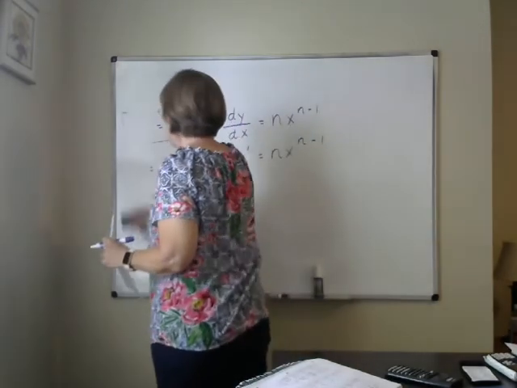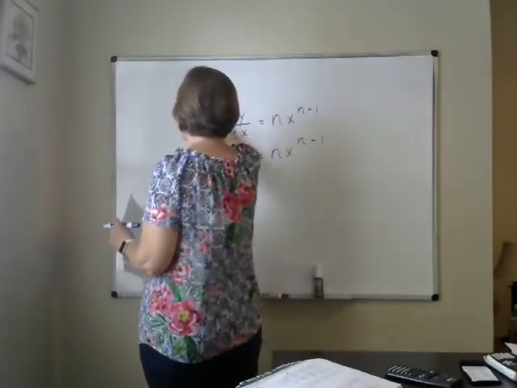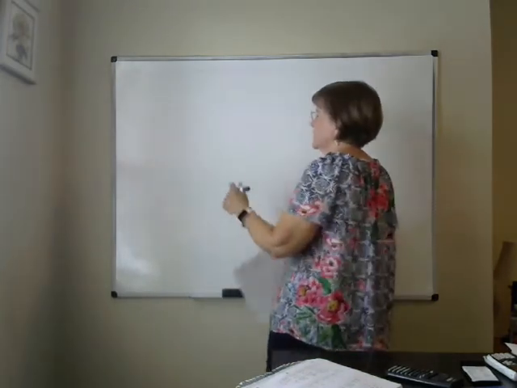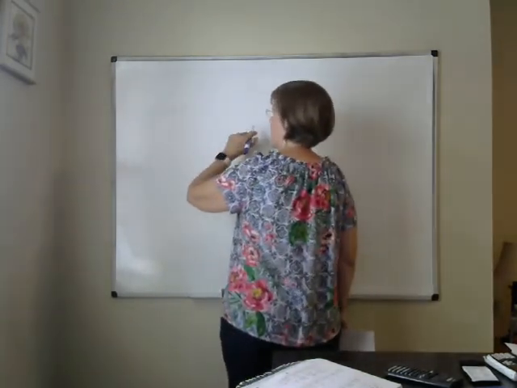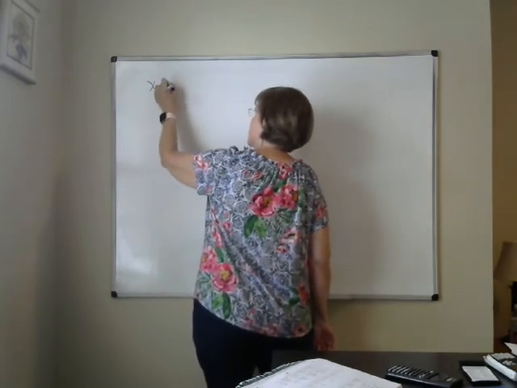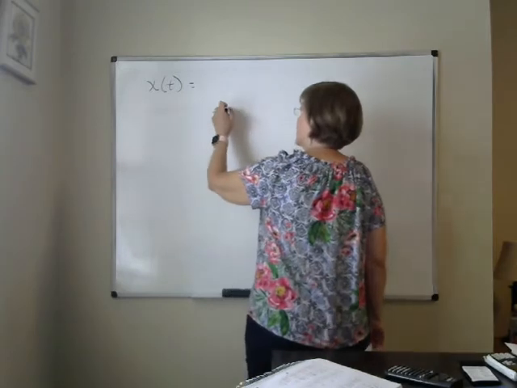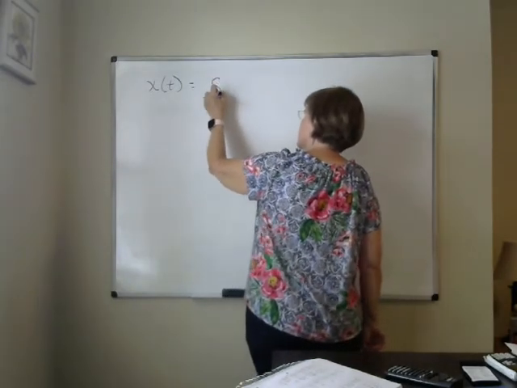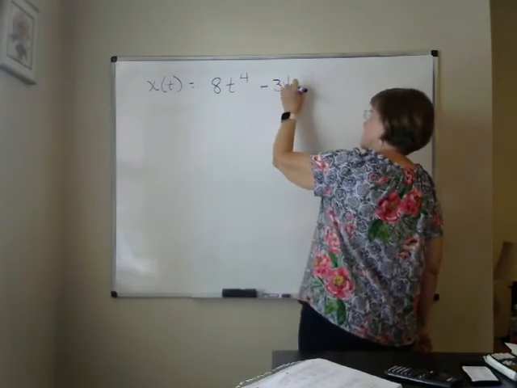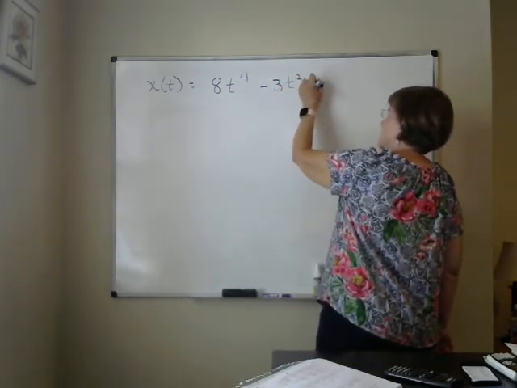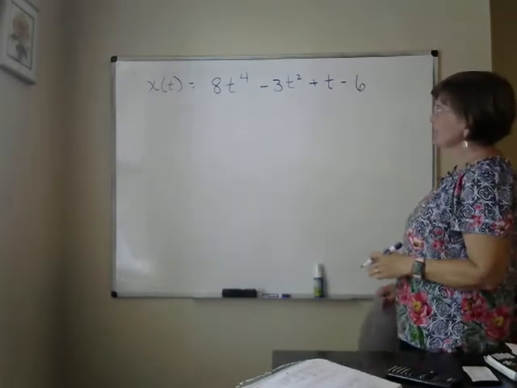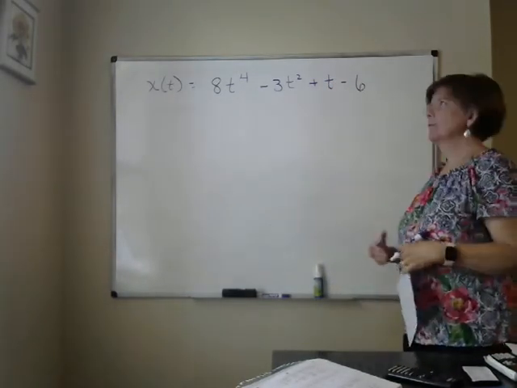Now, those were both monomials. A polynomial is just a string of monomials. So we may have a function like x of t equals 8t to the 4th minus 3t squared plus t minus 6. So now instead of one monomial, we have 4 monomials.